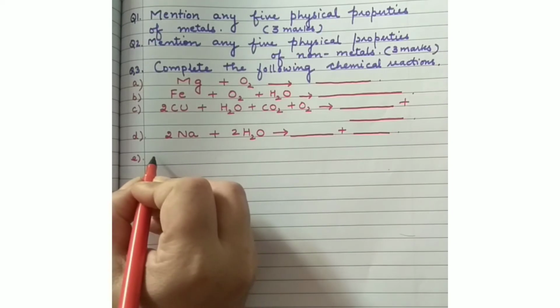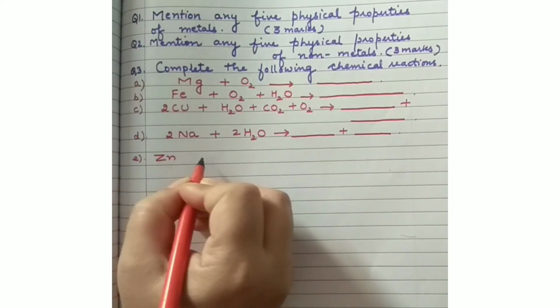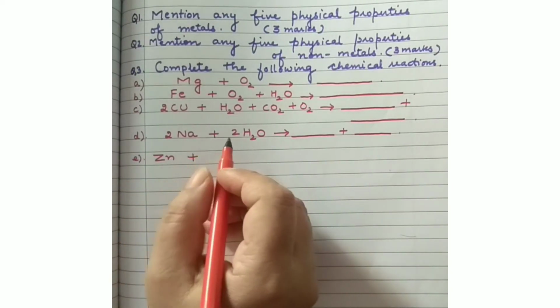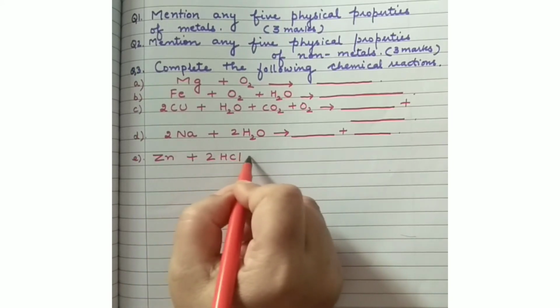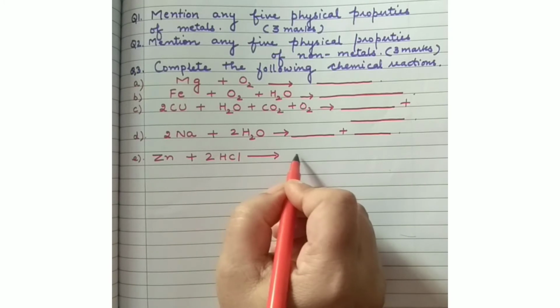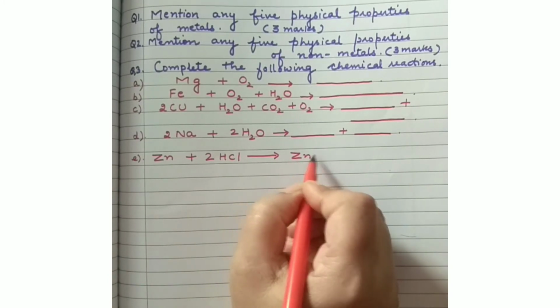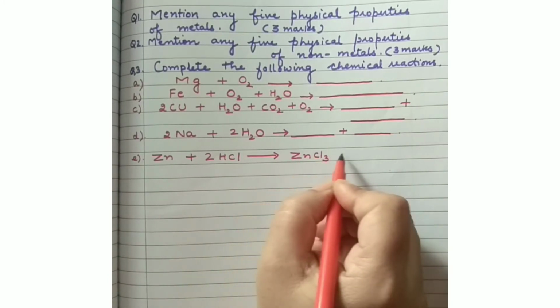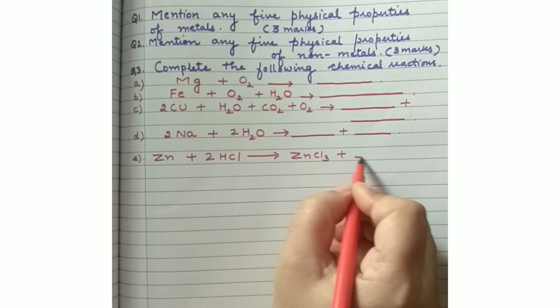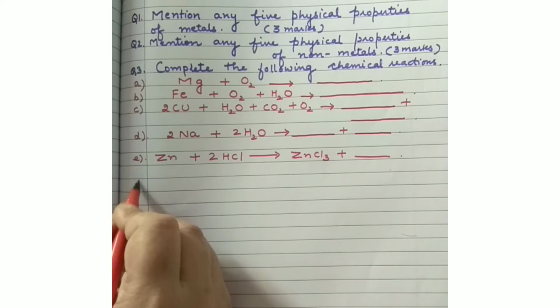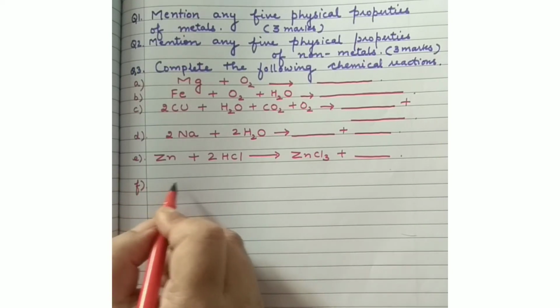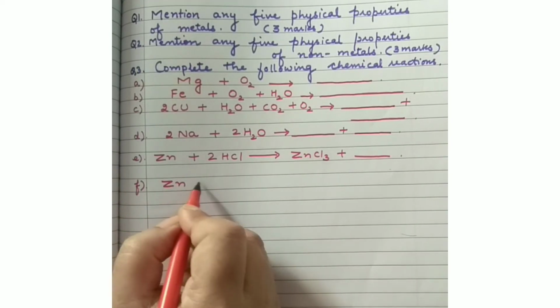Next E part is zinc metal. The symbol of zinc metal is Zn plus acid. Now here this is the reaction of when metals react with acids. They will form zinc chloride ZnCl2 plus blank. Complete this blank.